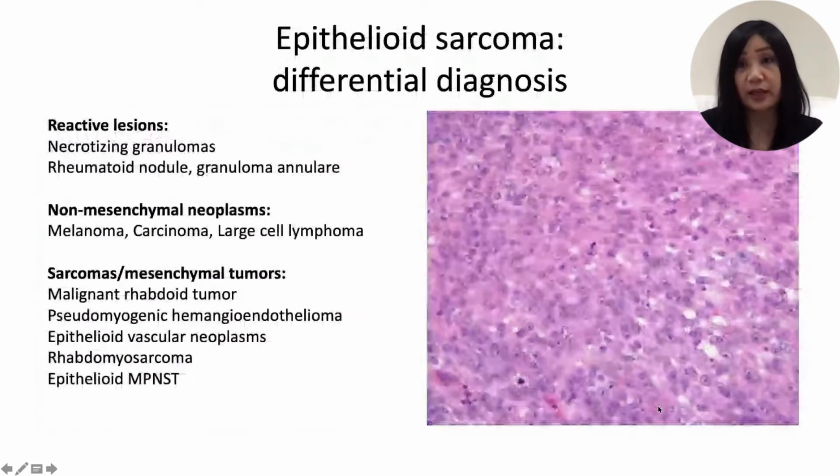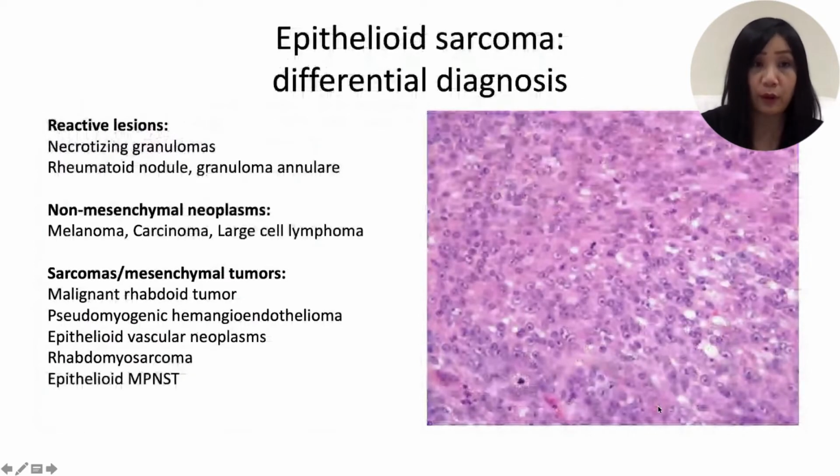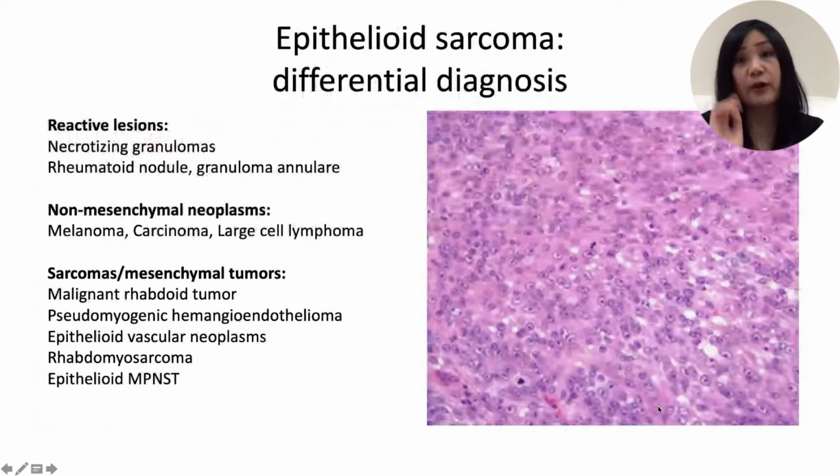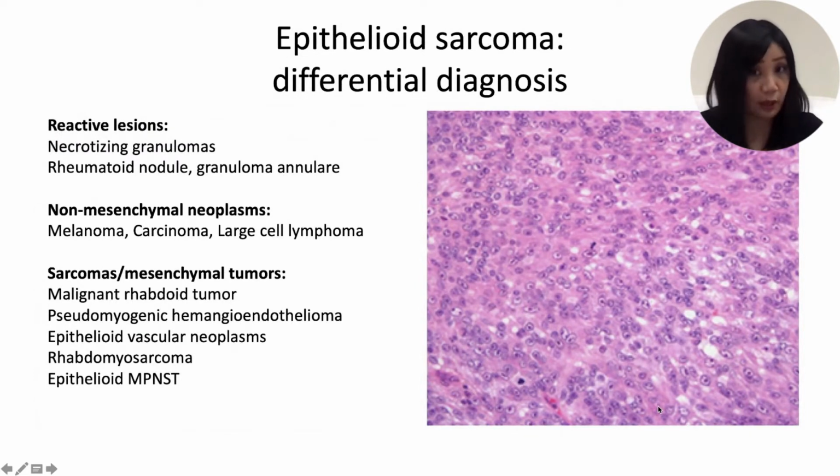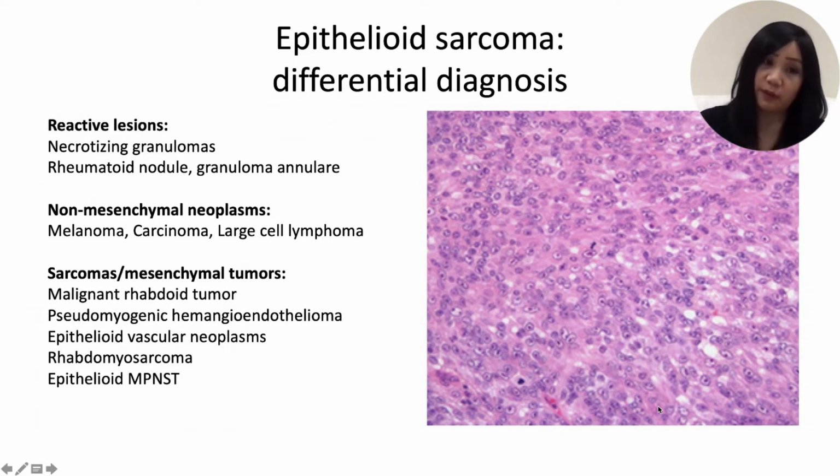So the differential diagnosis of both classical type and proximal type includes reactive lesions. So we always have to have epithelioid sarcoma as an index of suspicion and not confuse it for necrotizing granulomatous inflammation, rheumatoid nodule, or granuloma annulare. Non-mesenchymal neoplasms, well, it is distinct from melanoma. That should be fine to make a distinction immunohistochemically. Carcinoma, large cell lymphoma.